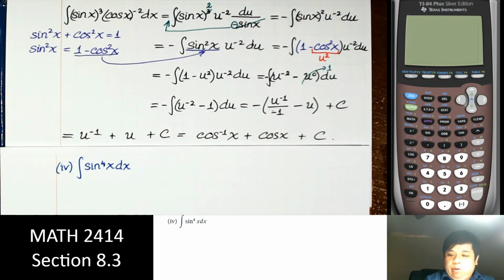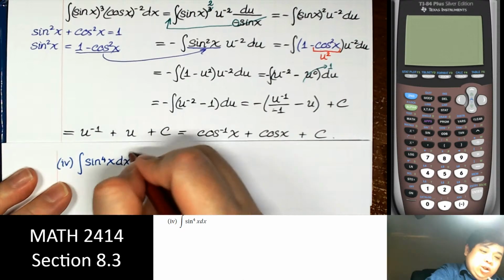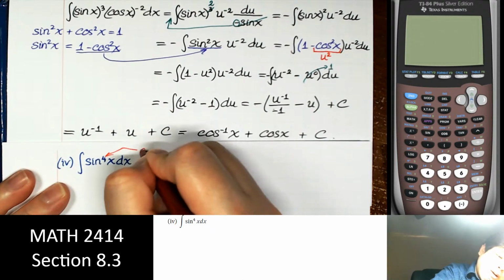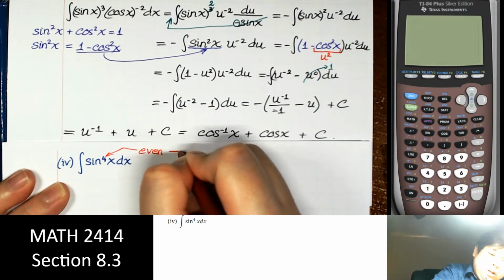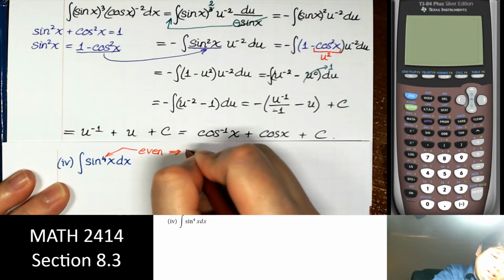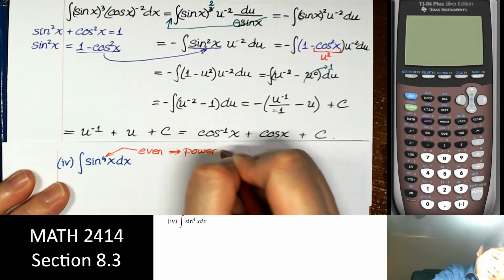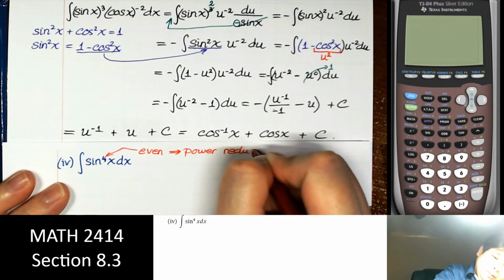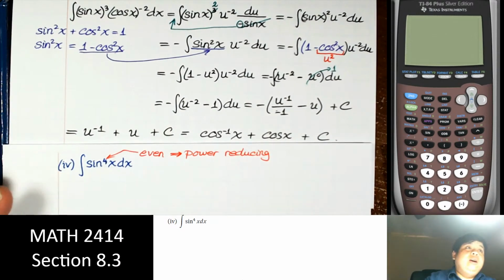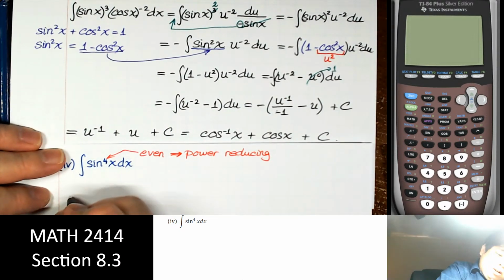Now we have sine to the fourth power. Right, so let's check. Do we have any odd power? That would be none. Because all of them are even, we have to use power reducing. But even then, it's not all of it.